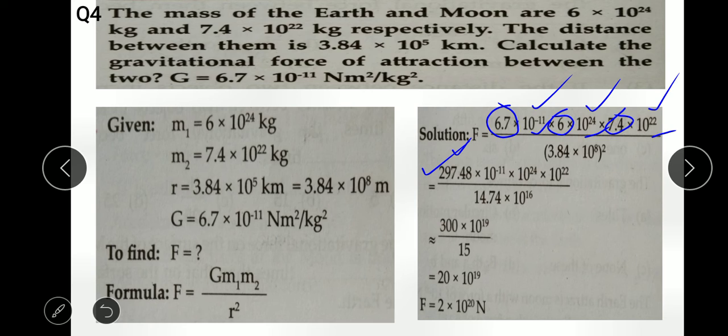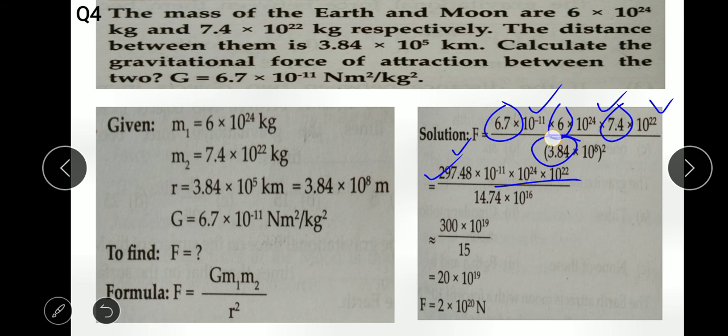Let me repeat. Here 6.7, 6 and 7.4 are multiplied and the answer is written. The powers of 10 are written as they are.